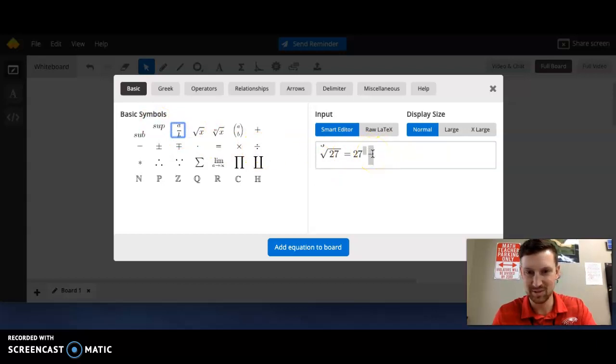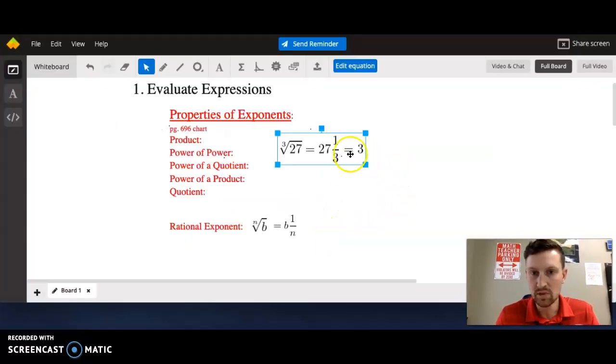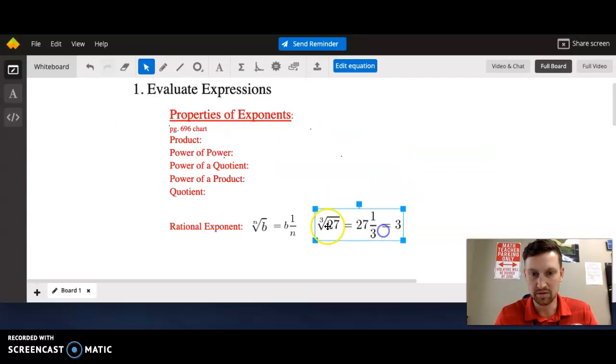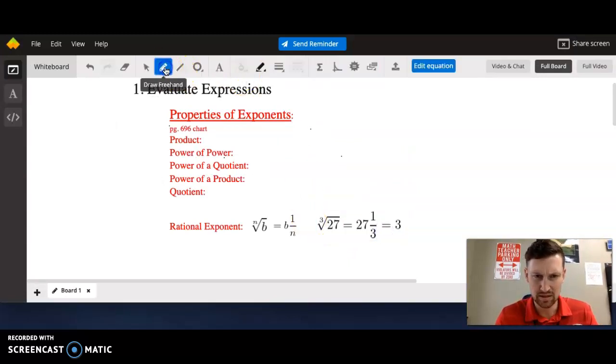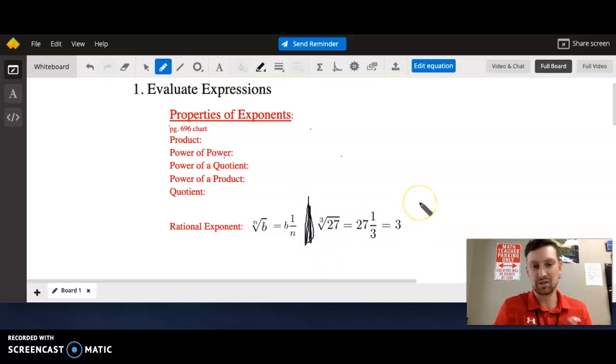They don't like that superscript fraction. All right, so 27 to the 1/3 power, and of course, that all equals 3. So essentially, the cube root of 27 is 27 to the 1/3 power, and that equals 3.